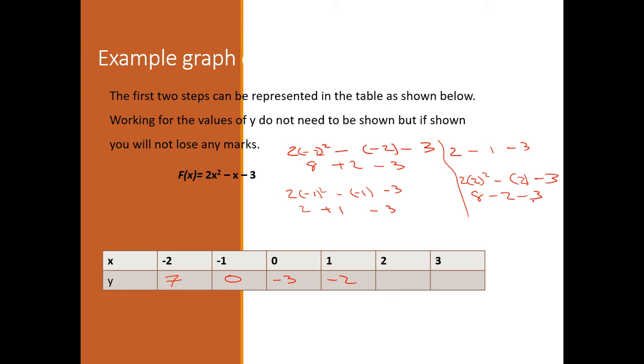We'll have an 8 minus 5, and 8 minus 5 will give us a positive 3. And our third value, when x is 3, our y will be 12. All right, so those were our values which we were substituting in finding the curve.